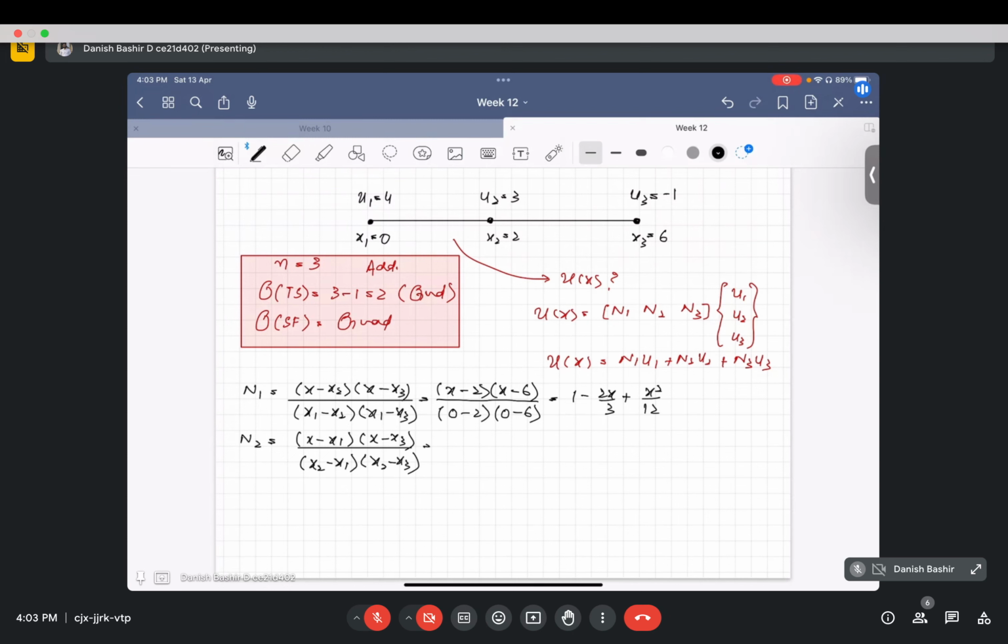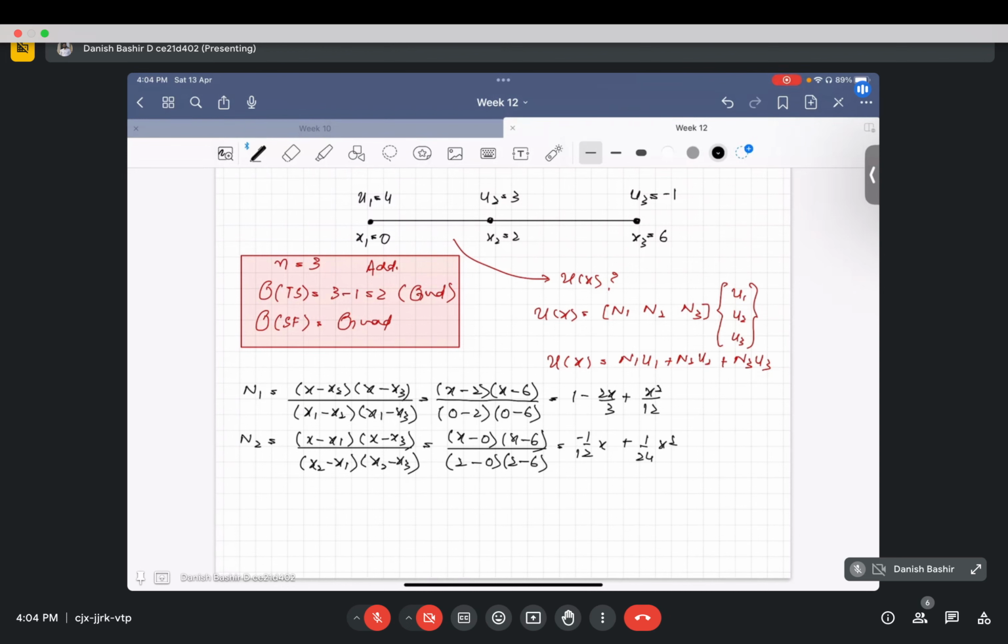So the values are, directly, x minus x1 is 0, x minus x3 is 6, and x2 is itself 2 minus x1 is 0, 2 minus x3 is 6. If you solve this, it will come out to be minus 1 by 12 of x plus 1 by 24 of x square.